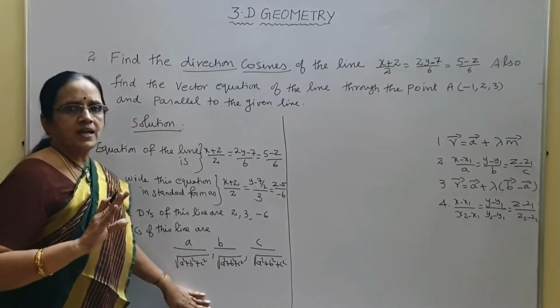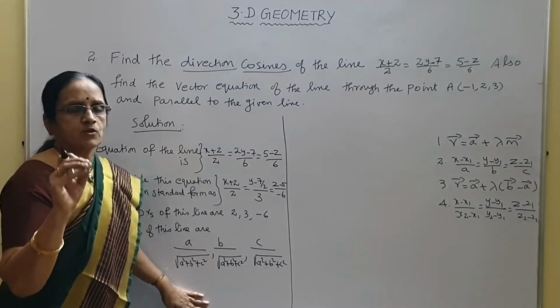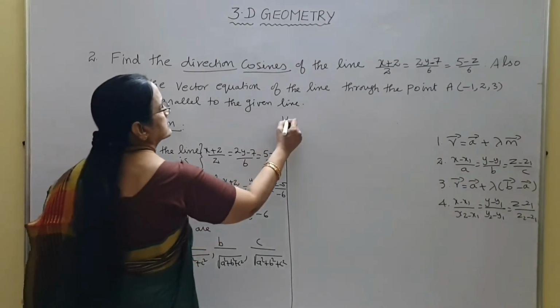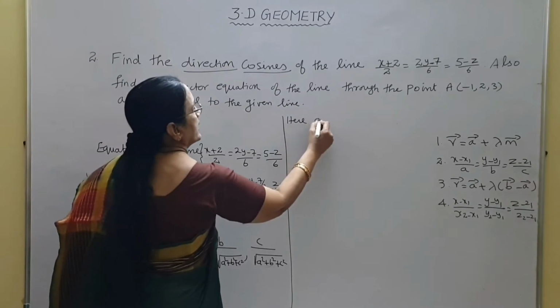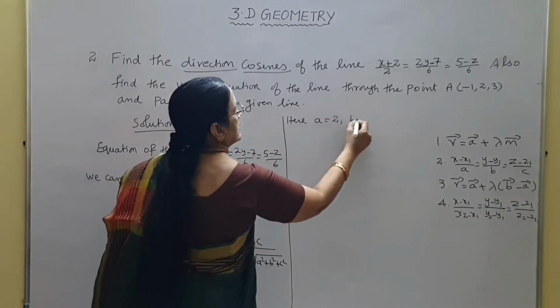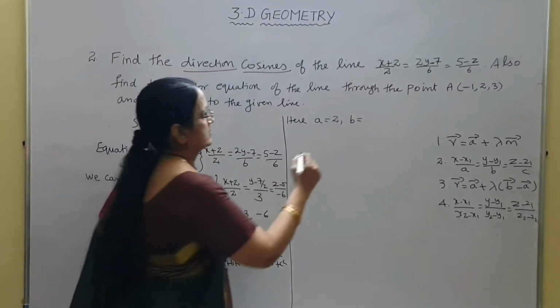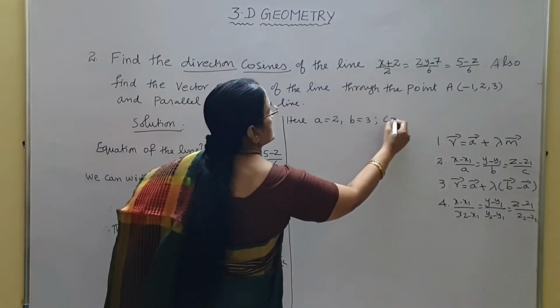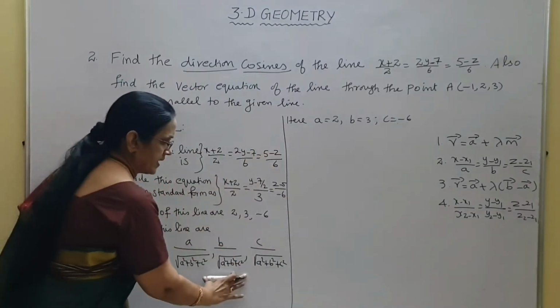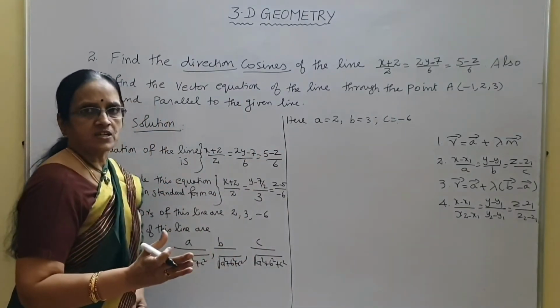Normally this is the formula we use for finding out direction cosines of a line. Okay. Here a is 2, b is 3 and c is minus 6. Let us substitute these values here to get the direction cosines.